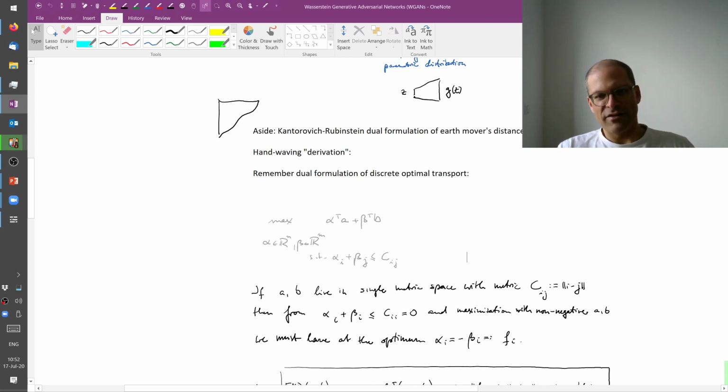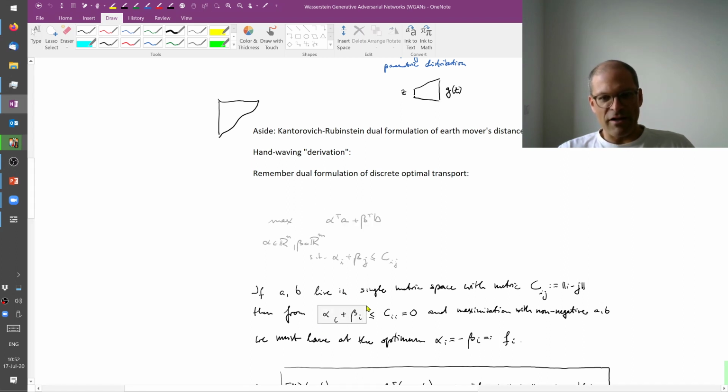then from the fact that I want to maximize this thing, and if I assume now that A and B are non-negative, then it means I want to make alpha and beta as large as possible, but I have also this constraint here.